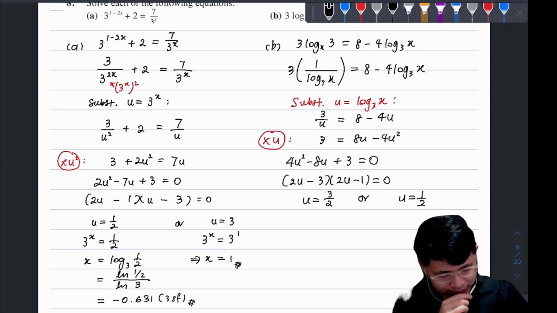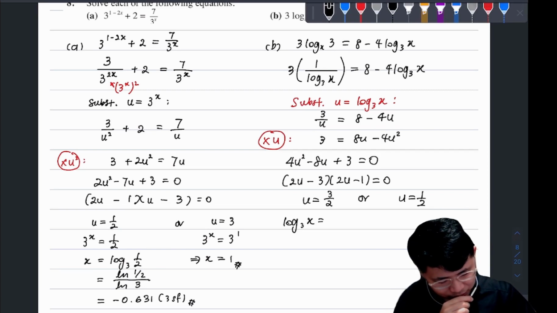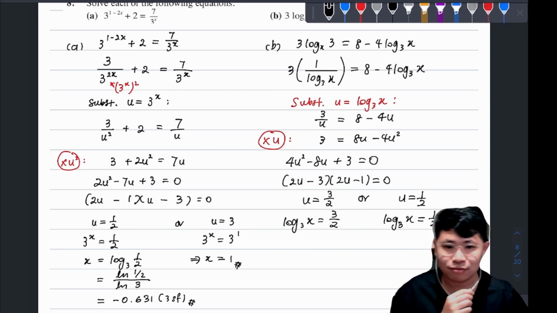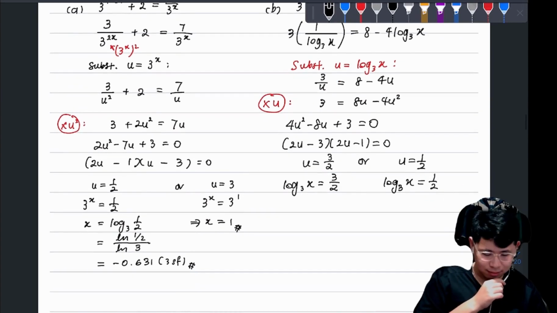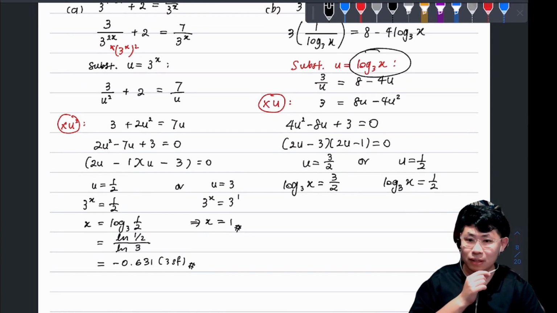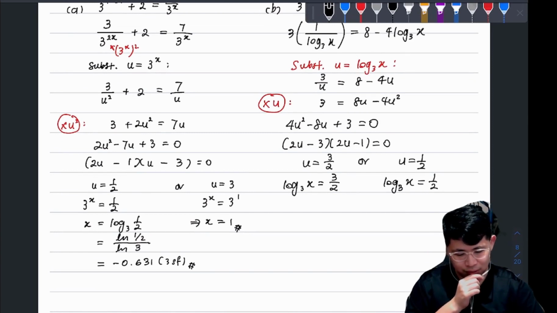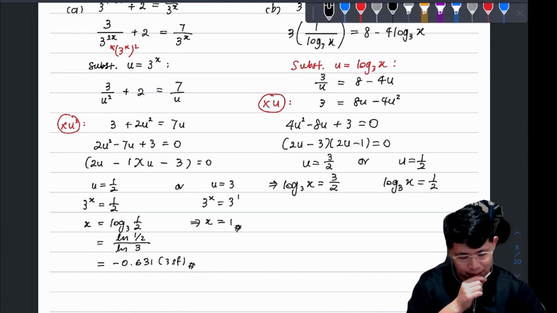So then I have log base 3 of x equals 3 over 2, and log base 3 of x equals half over here, because we substituted this as log base 3 of x, so we get back this.